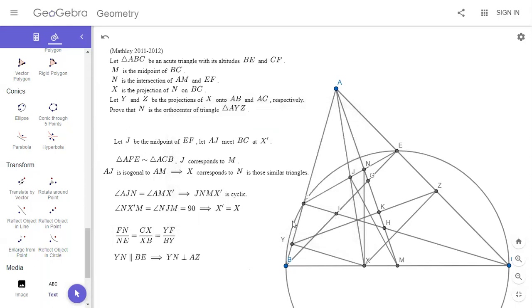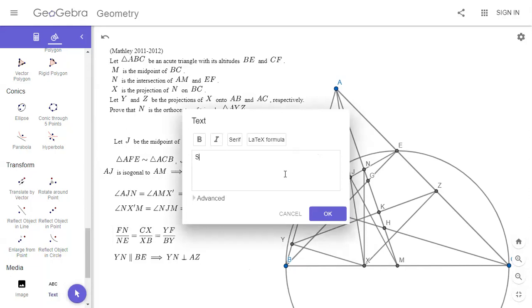And then similarly, ZN is perpendicular to AY. So that means that N is the orthocenter of triangle AYZ.